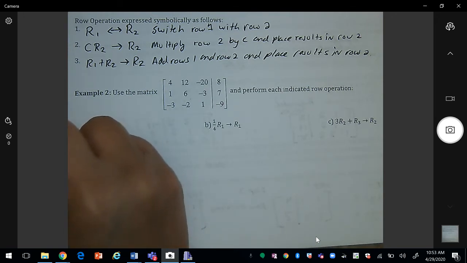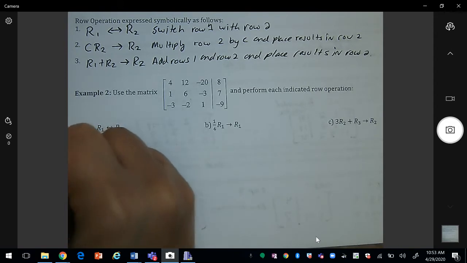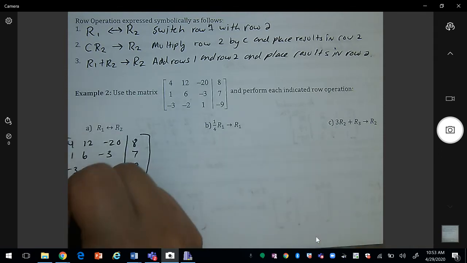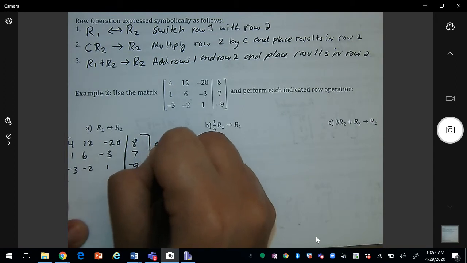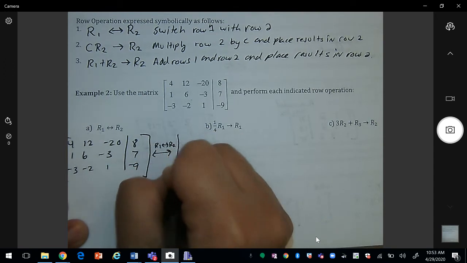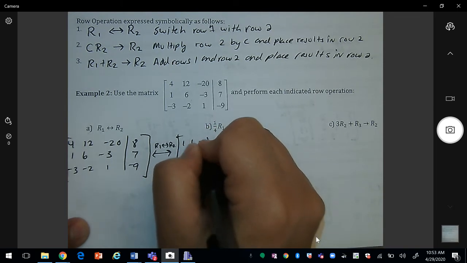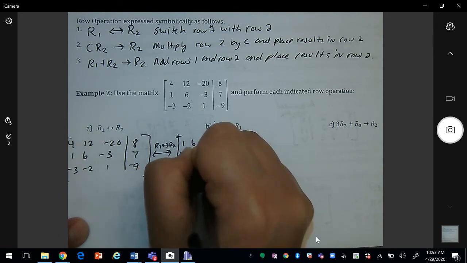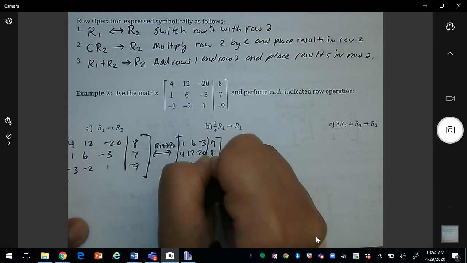So this is our original matrix, and our result would be, and this is how we write it, row 1 with row 2. So I'm going to take row 2 and write it first because I'm switching it with row 1. And then row 1 becomes row 2. And row 3 stays the same.